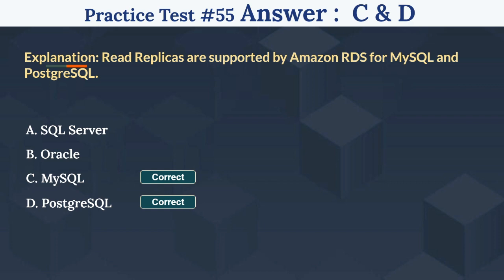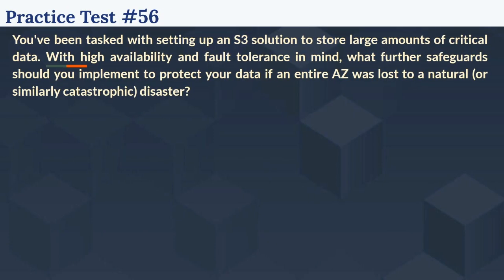So the 56th question is: you've been tasked with setting up an S3 solution to store large amounts of critical data. With high availability and fault tolerance in mind, what further safeguards should you implement to protect your data if an entire AZ was lost to a natural or similarly catastrophic disaster?